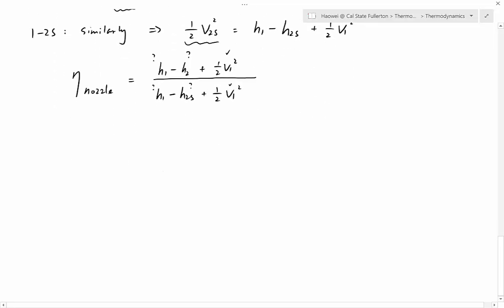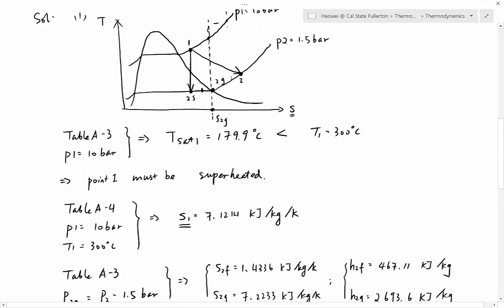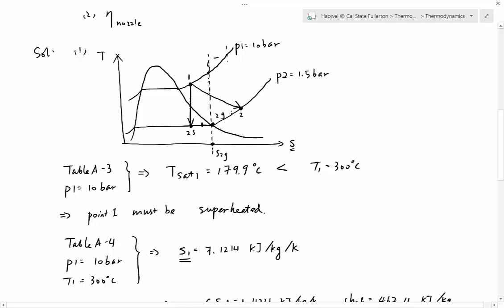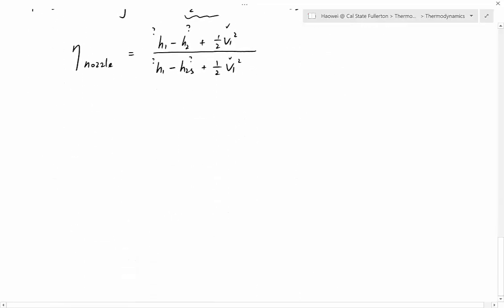Okay, let's start from H1. Again, before you look for a property, you need to identify the phase. What is the phase of number 1? If you forgot, you can always go back to our diagram. Number 1 is to the right side of the vapor dome, so it is superheated. If it is superheated, you have to go to table A4.